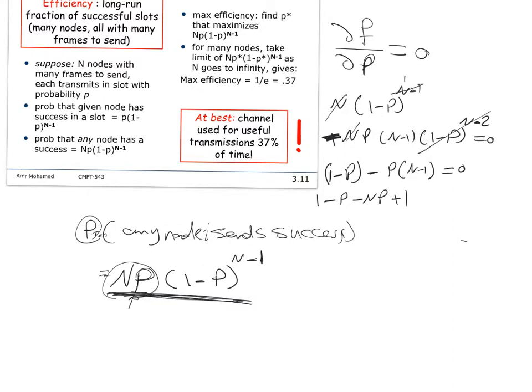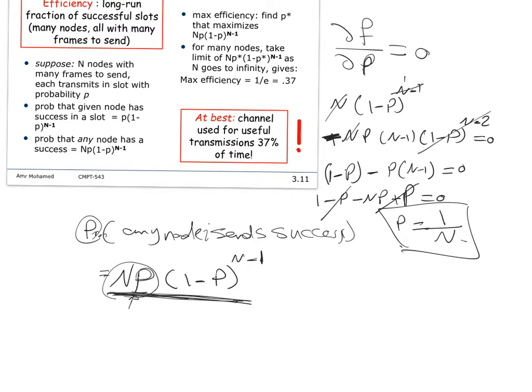So it's 1 minus p minus p times (n minus 1), which gives 1 minus np equals 0. So p equals 1 over n.